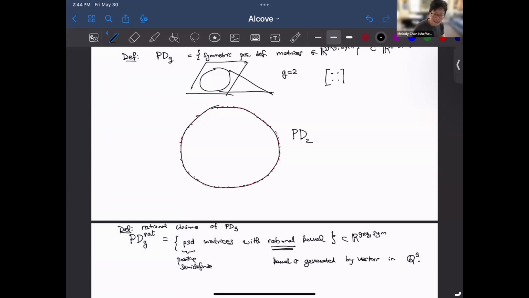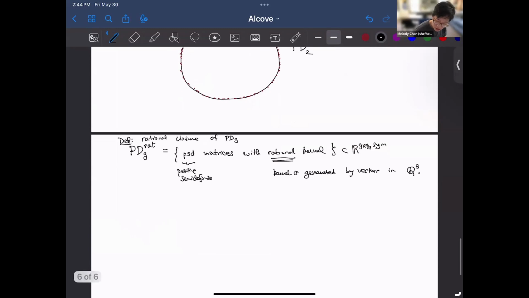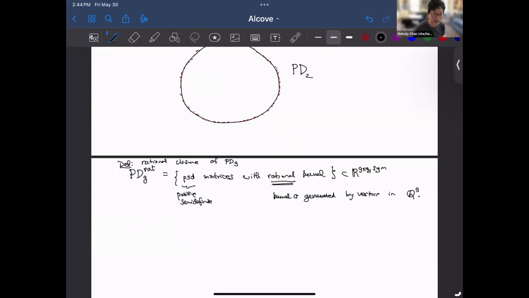But what it is the following. We're getting ready to study an interesting action of an arithmetic group, the group of lattice automorphisms, in other words, invertible integer matrices G by G on PD, which extends to an action on PDG rat.